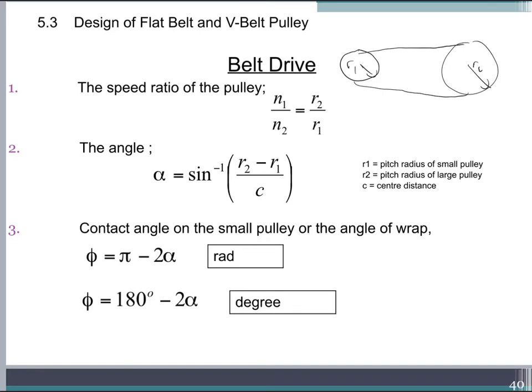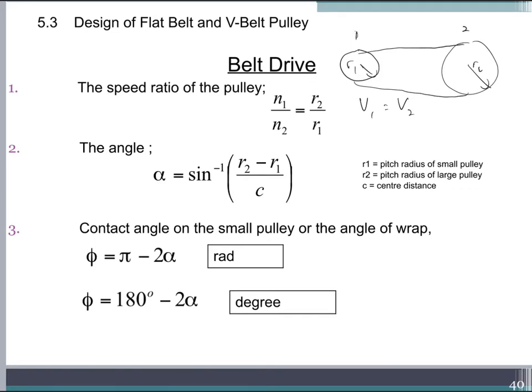Because these two pulleys are joined by a belt, we can assume that the speed on the small pulley and the speed on the large pulley is the same. Let's call the small pulley pulley number 1, and the larger pulley pulley number 2. So the speed for pulley 1 is V1, and the speed for pulley 2 is V2.